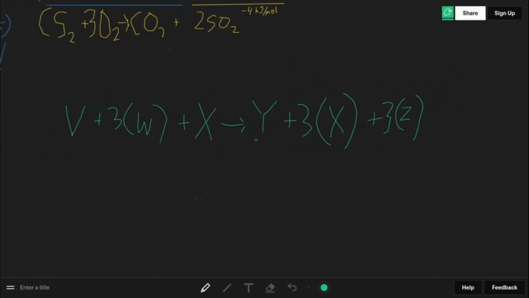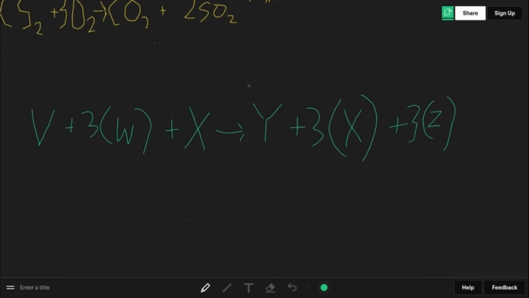So now for the change in enthalpy, we're going to subtract the reactant side from the product side. After doing the subtraction, we'll get Y, since there's no Y on this side. And then we get 2X, since we have X here, 3X here. If we subtract an X, we'll be left with 2X.